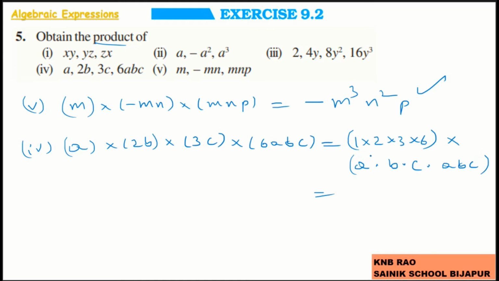So this results as 1 2 is 2, 2 3 is 6, 6 6 is 36, 36, a into a square, b into b square, c into c square. This becomes the product. I hope children you will do the first 3 questions on your own.